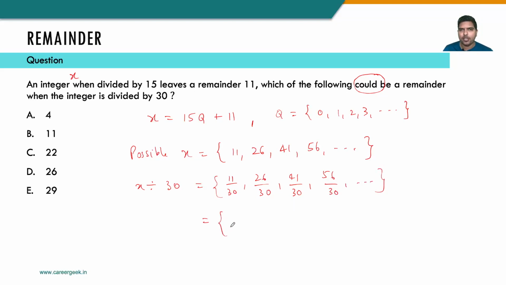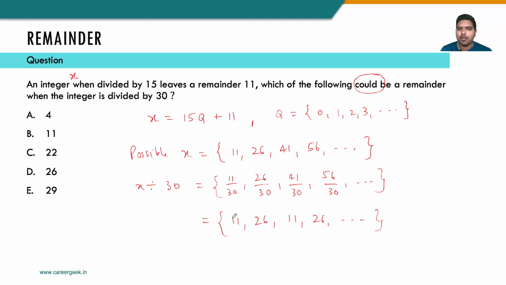Now we have seen if it is a proper fraction, the remainder is the numerator only. So for 11 and 26, there is no quotient. Quotient is 0. Remainder is the number itself. Now 41 is 30 plus 11, so 11 is the remainder. Same for 56, 30 plus 26, so the remainder is 26.